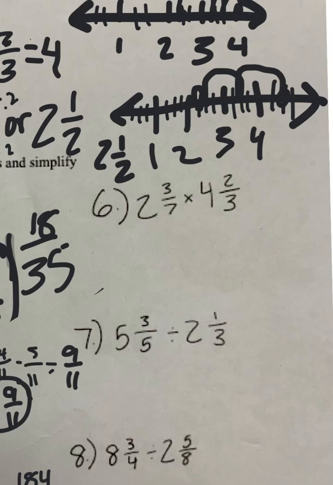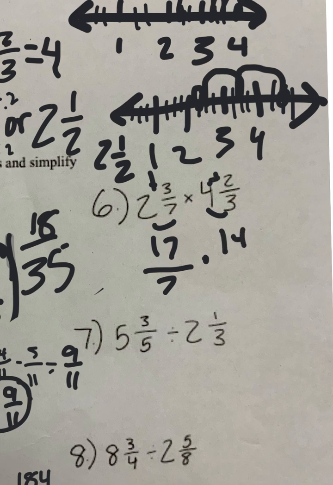So for number 6, 2 and 3/7 times 4 and 2/3. Like in number 5, when we're multiplying, we turn it into an improper fraction. So 2 times 7 is 14, plus the 3 is 17, and then our denominator is 7. And then 4 times 3 is 12, plus the 2, 14 over 3.